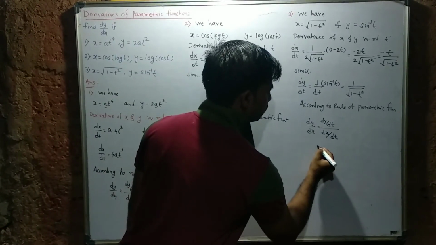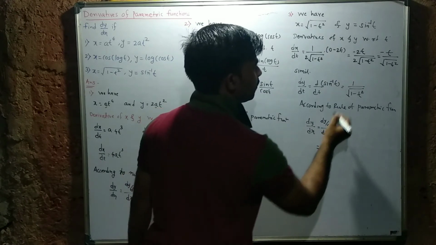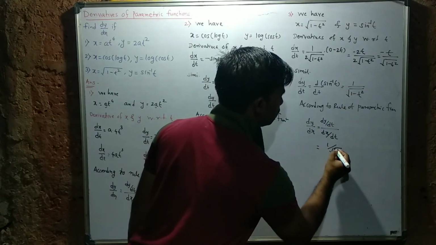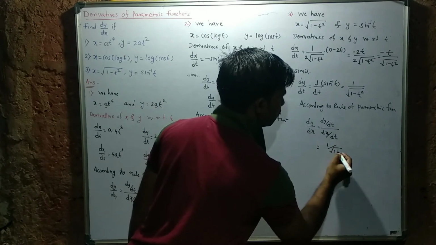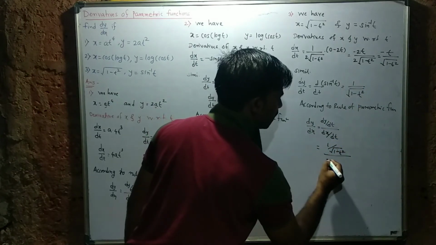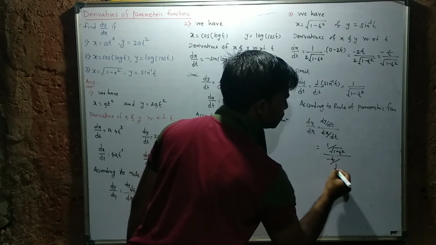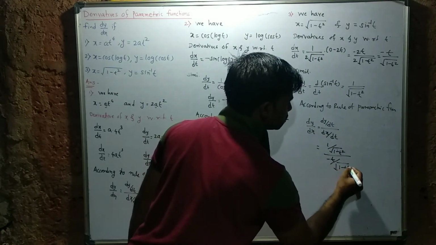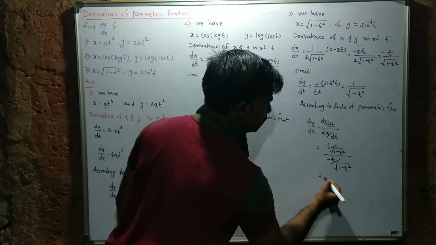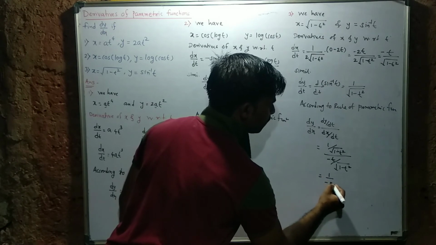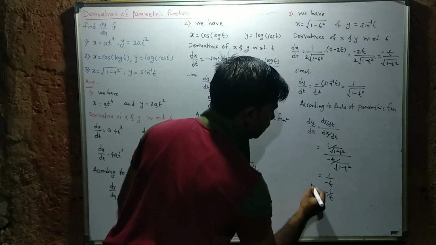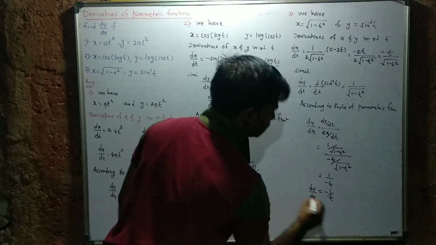And here dy by dt is nothing but 1 divided by square root of 1 minus t square, and whole divided by dx by dt, which is minus t divided by square root of 1 minus t square. And the square root of 1 minus t square cancels out. You will get 1 divided by minus t, which is nothing but minus 1 divided by t, and this is your dy by dx.